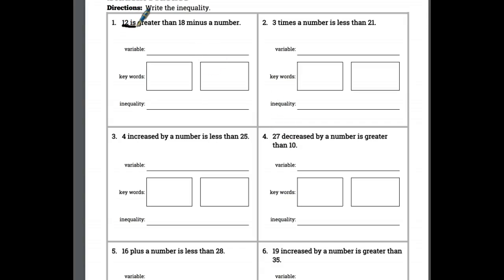So 12 is greater than. There's my greater than symbol. 18 minus a number. We're going to let W represent that number. Minus. Remember that subtraction. 3 times a number. So we're going to let A represent this number. 3 times a number is less than 21.